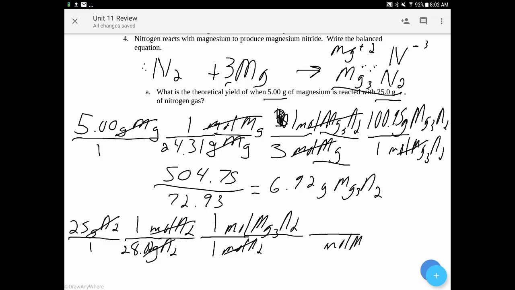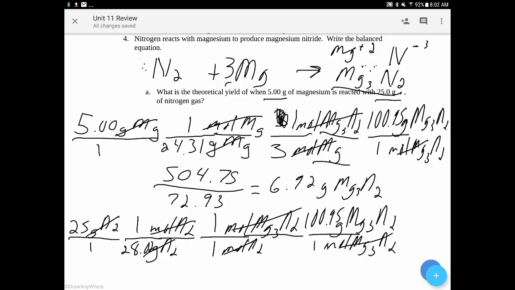Moles Mg3N2 goes on bottom. Grams Mg3N2 goes on top. 1 mole on bottom, 100.95 on top. Moles of Mg3N2 cancel out. We're left with grams of that, which is where we want to be, so no more conversion factors.